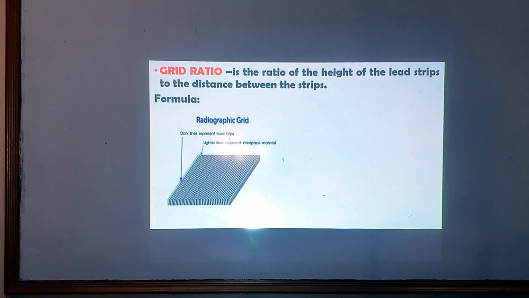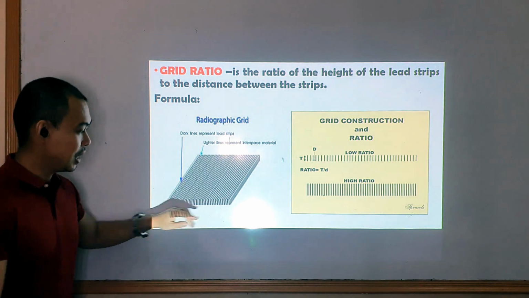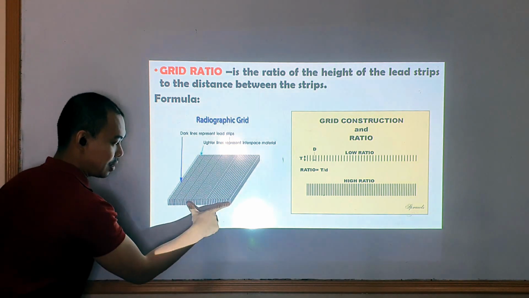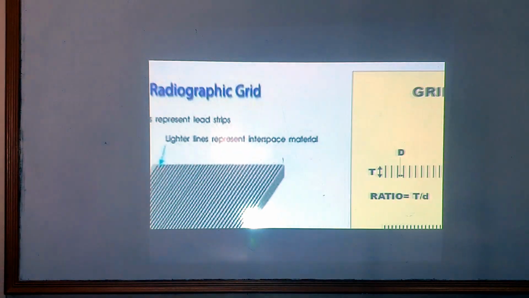So what about the grid ratio? The grid ratio is the ratio of the height of the lead strips and the distance between each strip. So let's say this is your lead.